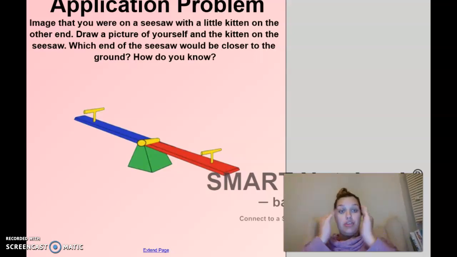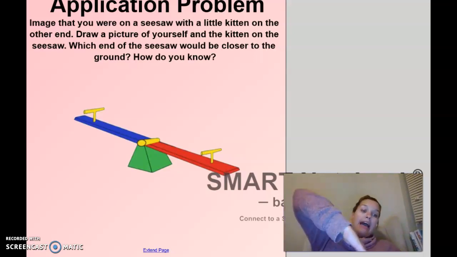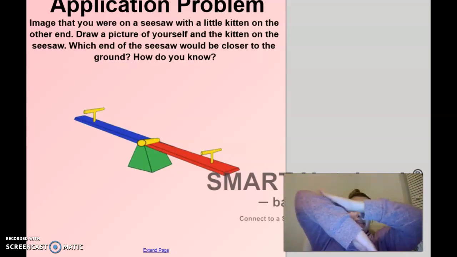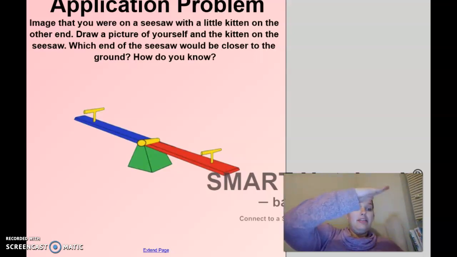I want you to imagine you are on a seesaw with a little kitten. If you were on a seesaw with a little kitten, would you be heavier down here, or would you be lighter? You would be heavier. The kitten would be up in the air, and you would have to push up to come like this after.